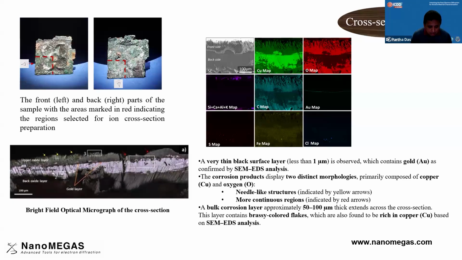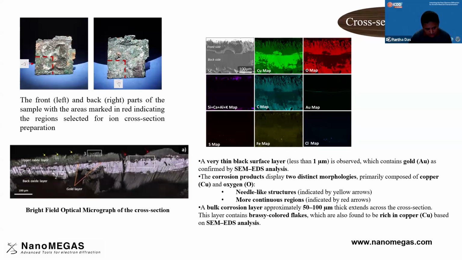Then we made cross sections of the samples to see what they look like from the side. We see a very thin black layer, less than 1 micron, which is the gold. On top of that there is a corrosion layer with needle structures.